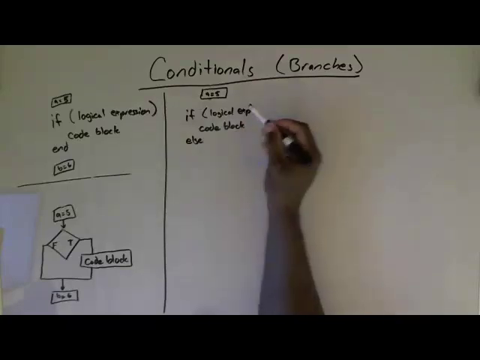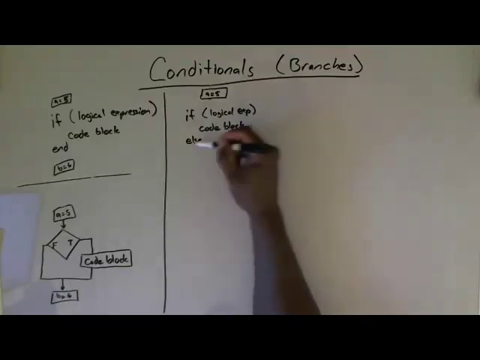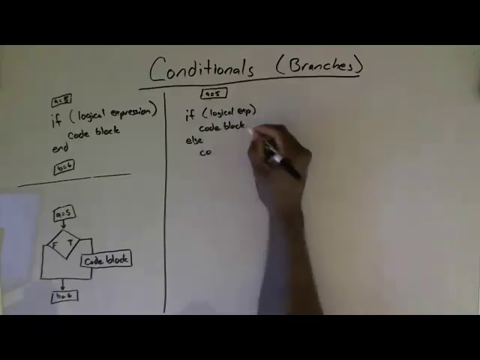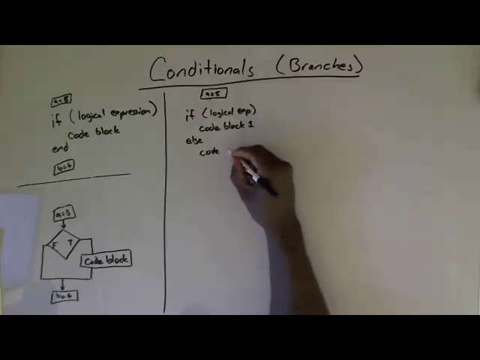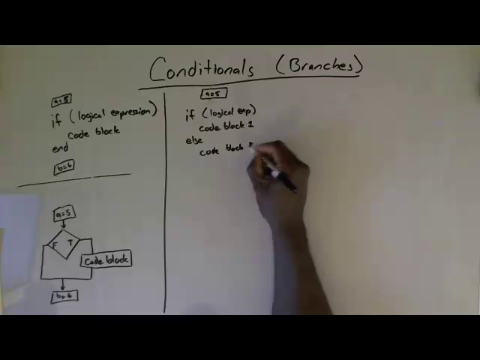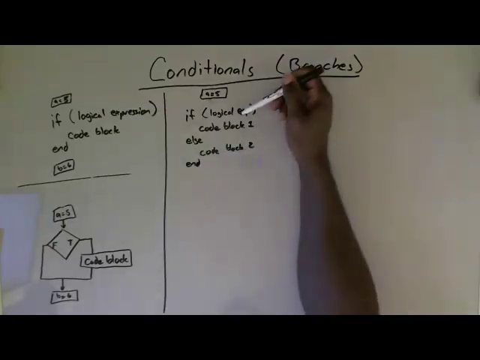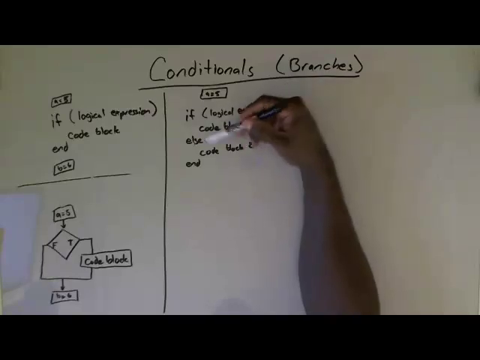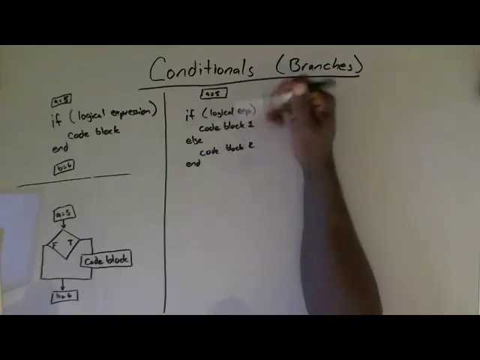Else, in other words, if this is true, do this. Else, which is basically saying if this is false, then do this. Let's call this code block 1, and this code block 2. That's saying if this test is true, then do this block of code. Else, in other words, this test is false, then do this block of code.